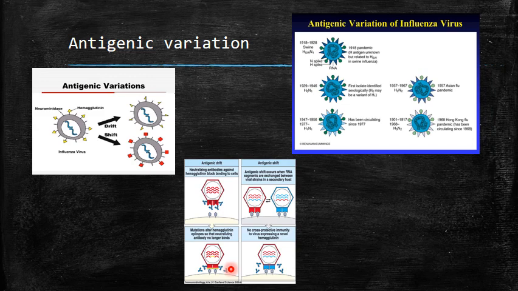The resulting virus is poorly recognized by the antibodies and T cells directed against the previous variant, so that most people are highly susceptible to the new virus and severe infection results.